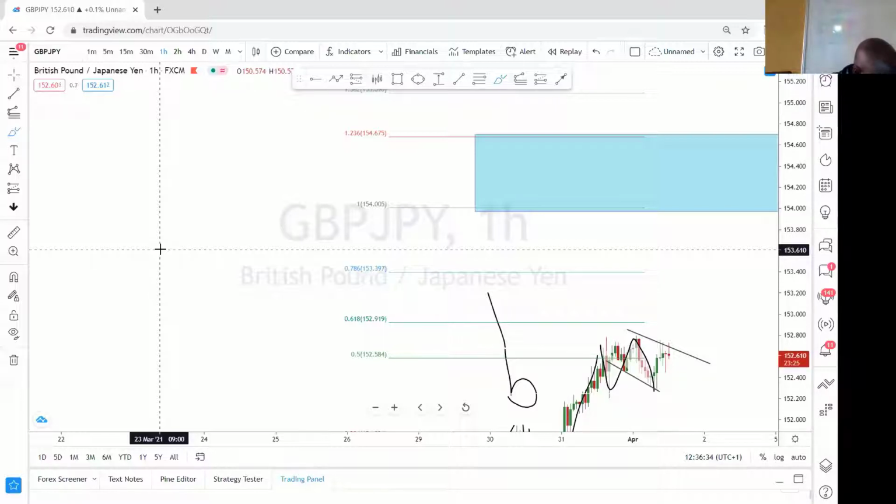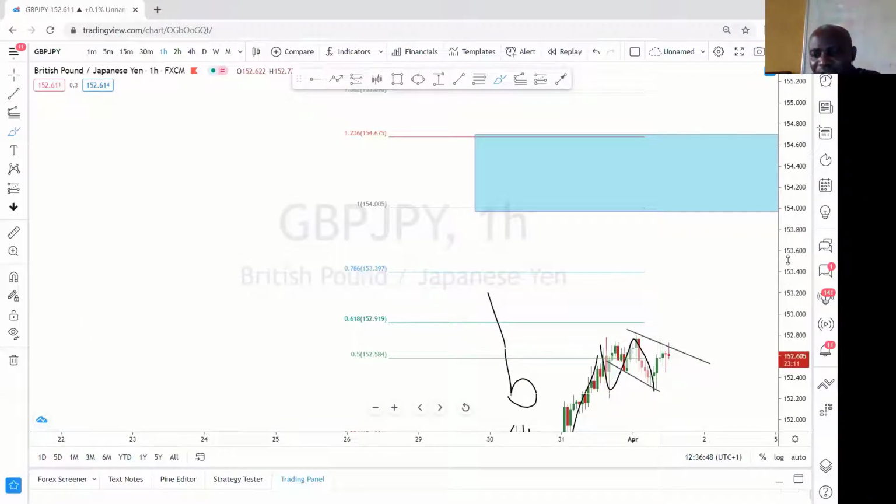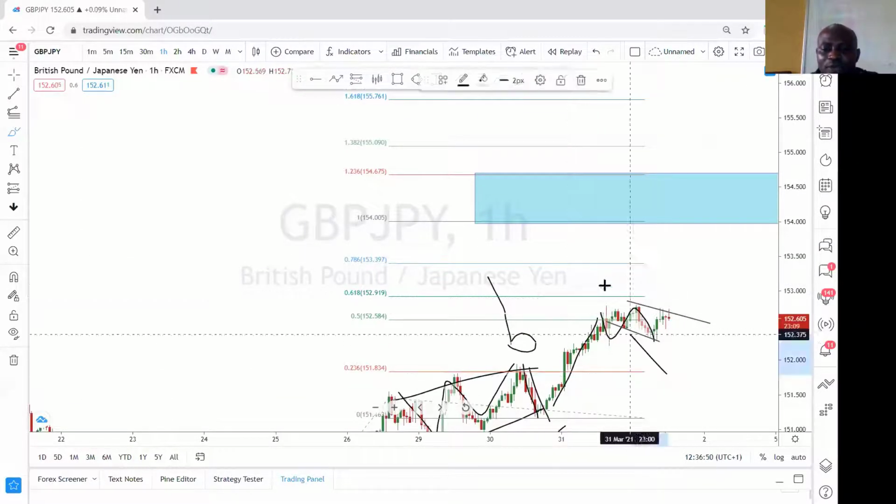You cannot underestimate it. All right? It's just a wonderful tool for market analysis. Wonderful tools. Okay? And I want us to really learn some of these great stuff. Okay? So, we are done with GBP JPY.